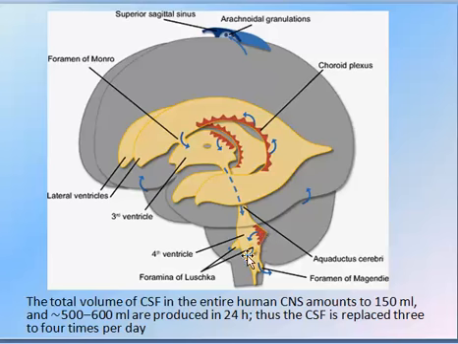Then you have anterolateral and posterior foramina, or routes, for how CSF is passing. Anteriorly it can pass around in the foramina of Luschka, while laterally and posteriorly it is going into the foramen of Magendie.